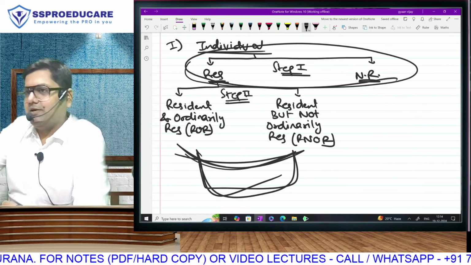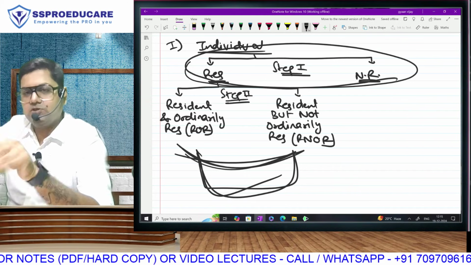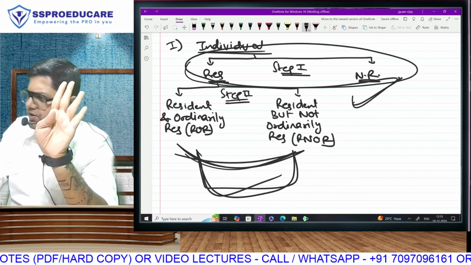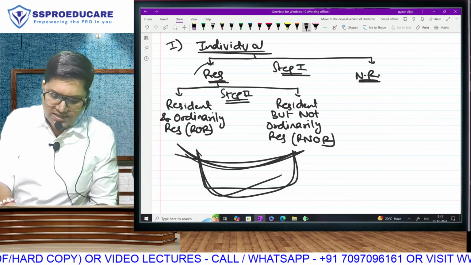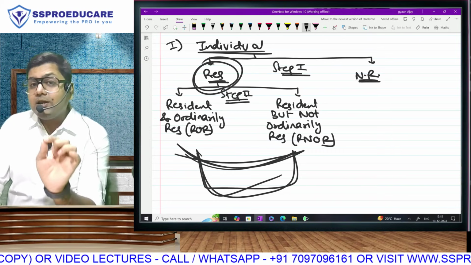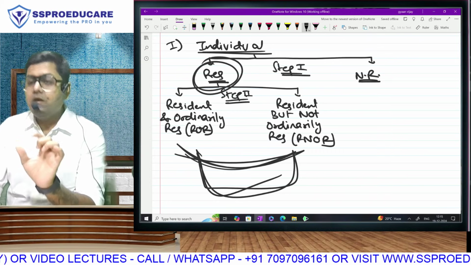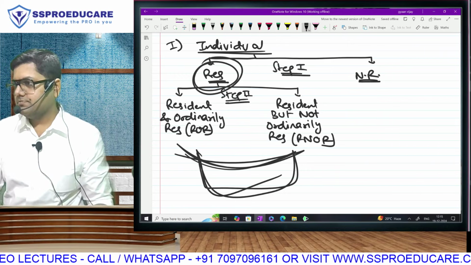The foreign income that you earn is of 2 types. See, Indian income, everyone has to pay tax, including non-resident. We are focusing on foreign income. Tell me one thing. Is this resident liable to pay tax on foreign income? Yes, but foreign income will be classified into 2 types. One, those foreign incomes which have some control from India.